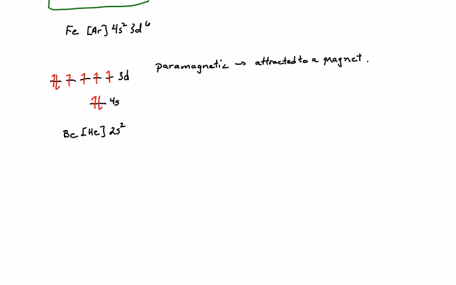So if we look at its electron configuration, we have the 1s orbital and the 2s orbital. We see here that all the electrons that are involved are paired up. That makes this diamagnetic. And it turns out that that results in it being slightly, not greatly, but slightly repelled by a magnet.